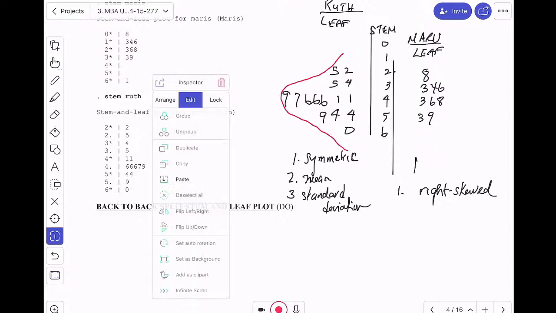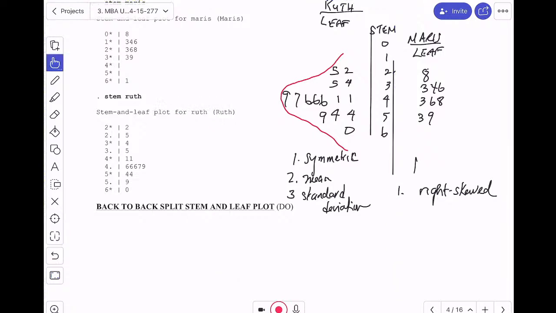Not giving up. Oh, it's all uneven now. Oh my goodness.